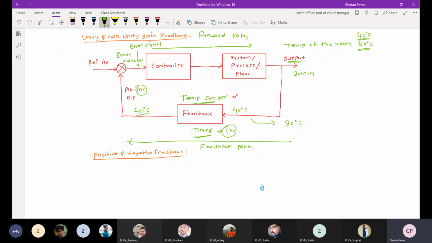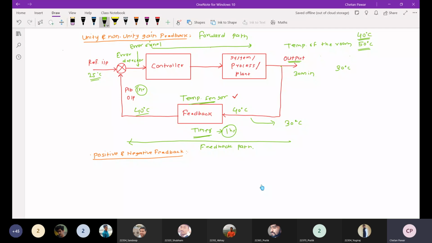Now here we discussed that if we apply 25 degrees Celsius as a reference input, the system will monitor the current temperature, because this air conditioner wants to regulate the room temperature, right? So if the current temperature is 30 degrees Celsius, your temperature sensor will take that 30 degrees Celsius as an input. Now it wants to give that feedback to the controller, or error detector.